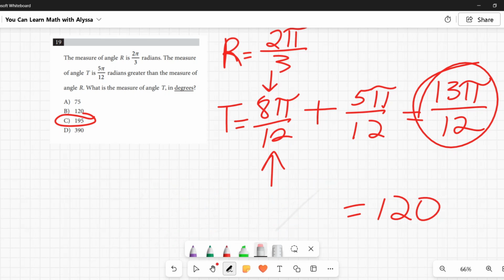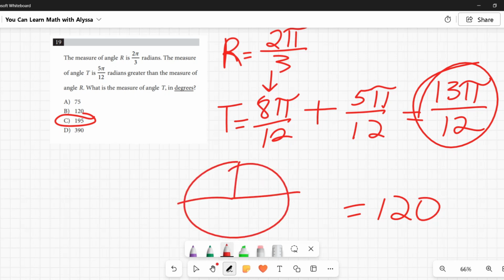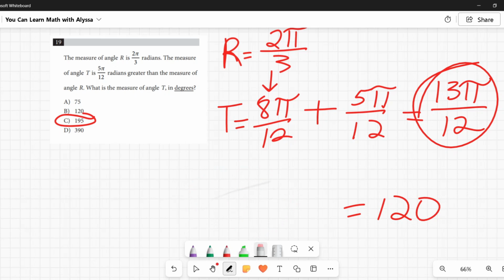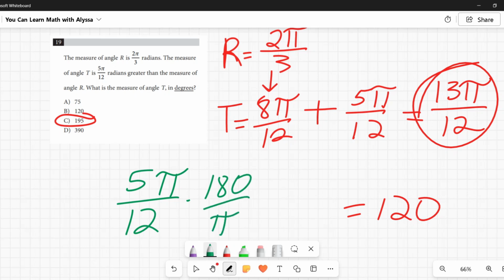Also, if you know your radians for the unit circle, that can help for the 2/3 pi. The 5 pi over 12 is generally not on there in the ones that students are given, the ones my teachers gave me anyway. So we have that first one's 120. And then the 5 pi over 12, you can do the same thing, times 180 over pi.